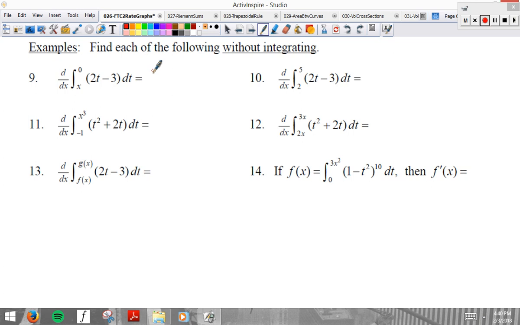So, it said we could plug in the top bound. I'm going to write it right here. 2 times 0 minus 3, all times the derivative of the top bound. I guess I'll write this in orange.